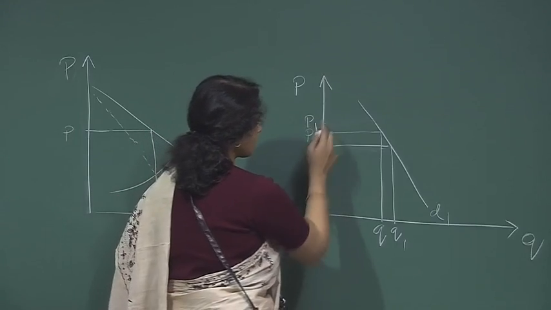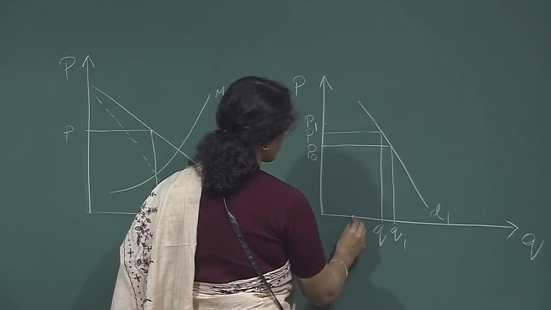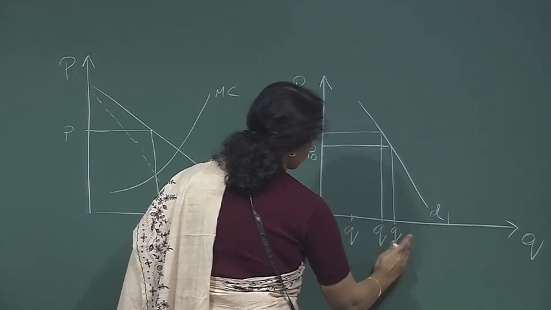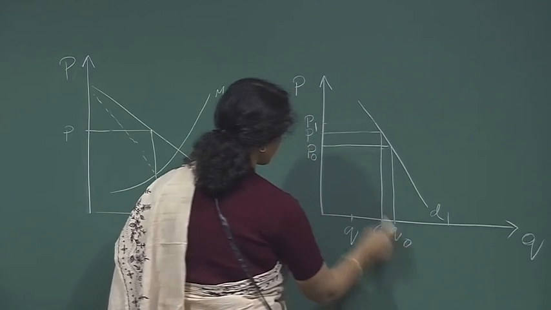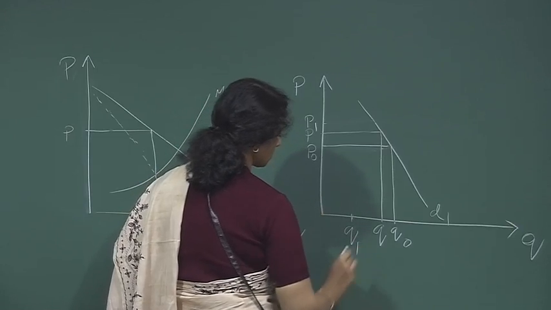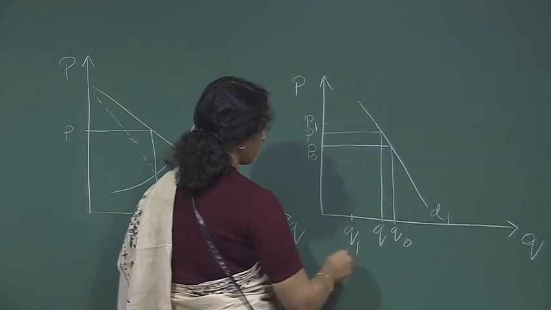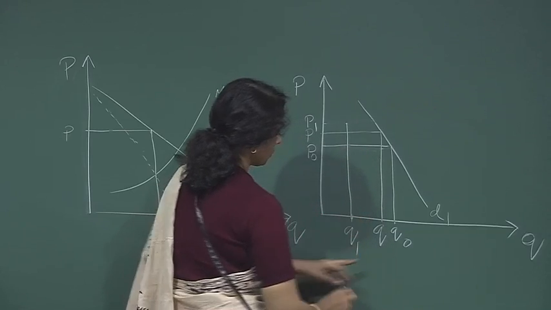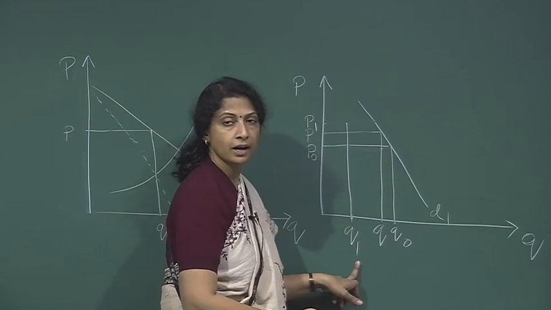So when he raises the price, the drop in quantity is very big. Let me call this Q naught to match with the P naught, and this is Q1 to match with P1. So here the drop in quantity is very high.